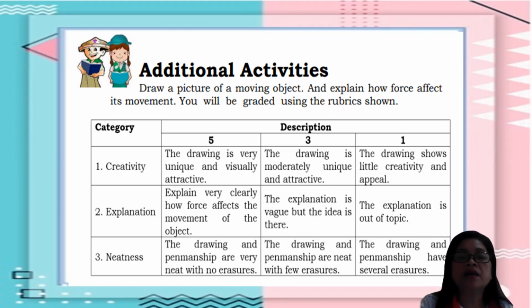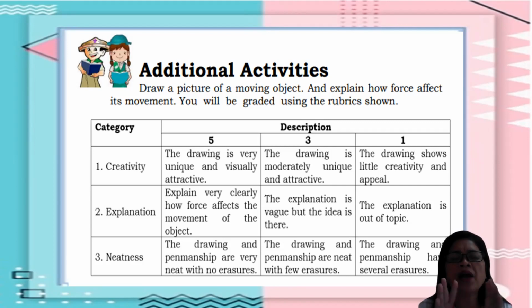You will be graded using the rubrics shown. Here are the categories. Number 1 is creativity. You will get 5 if the drawing is very unique and visually attractive.